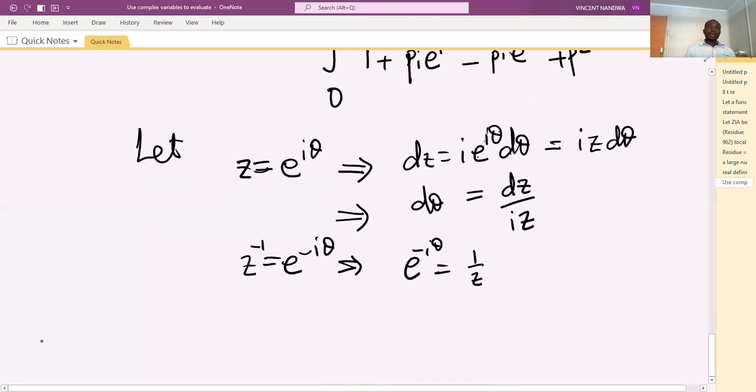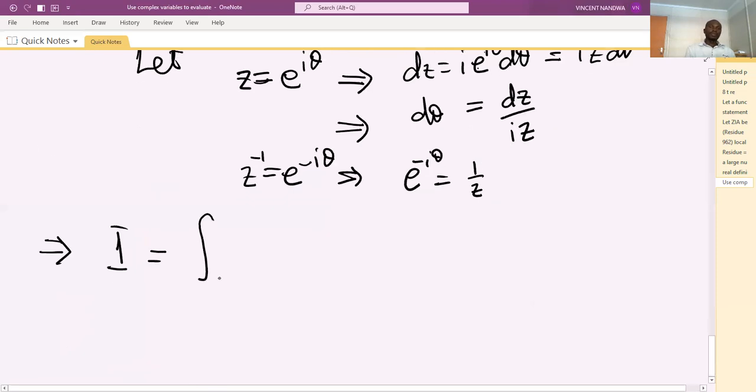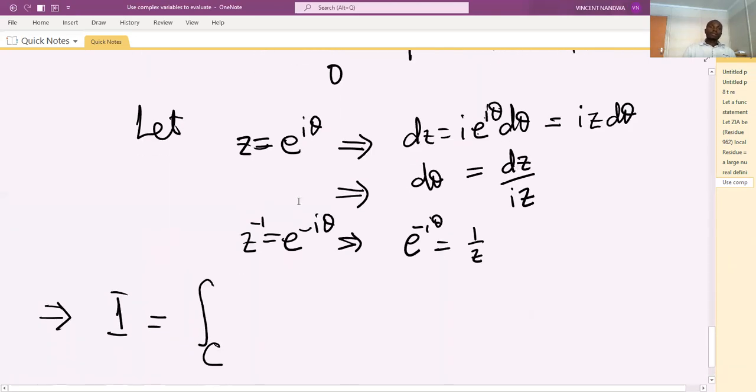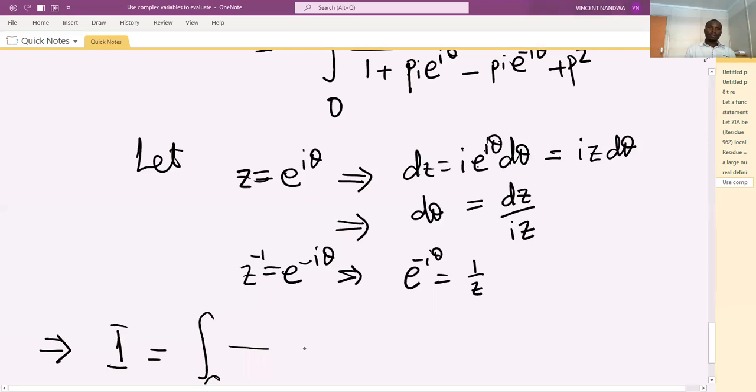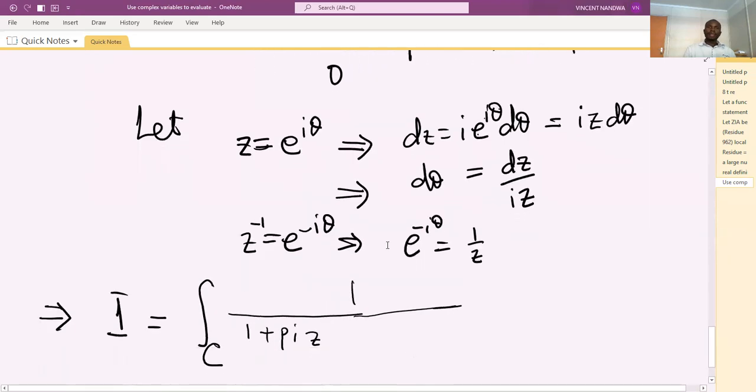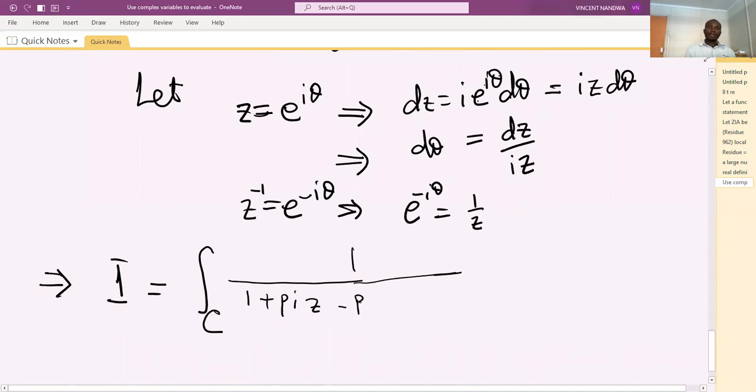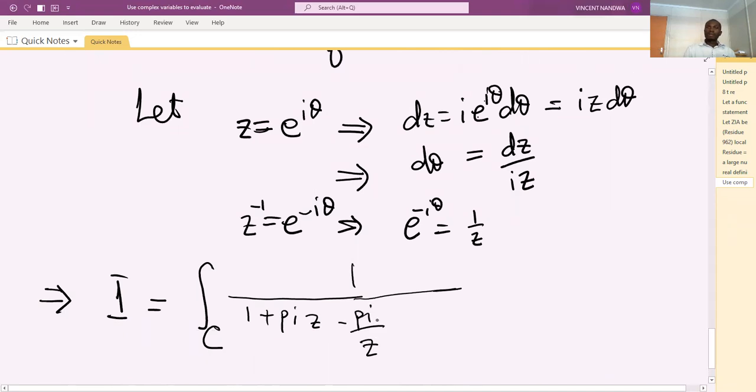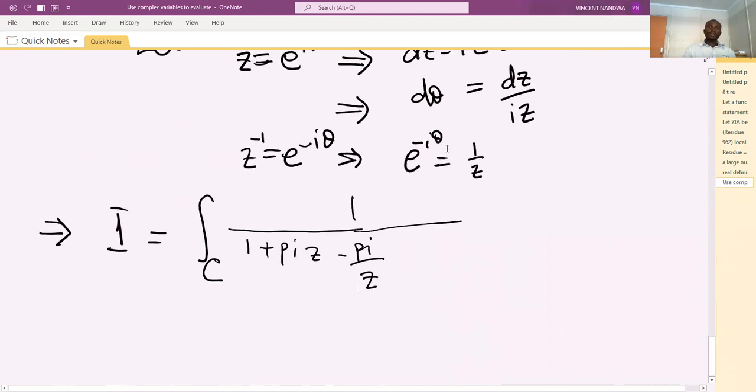So this implies our integral I will be the integral. Now, when we change into the variable z, then we use a contour integral. So we put C. So we'll have 1 plus pi times z minus pi over z, then plus p squared.